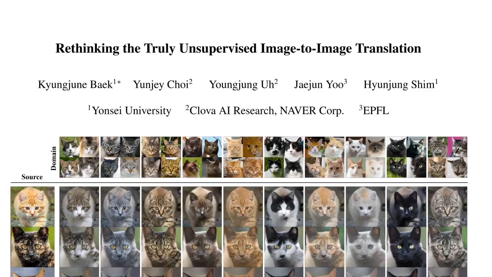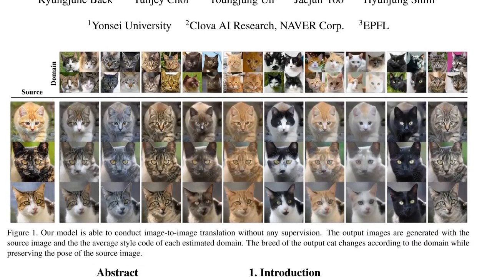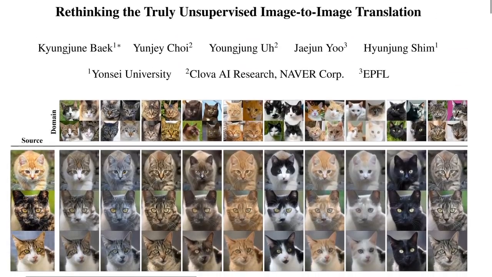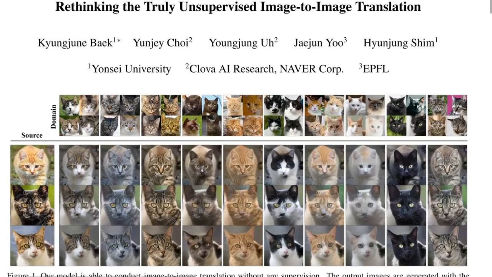Hi there. Today we'll look at Rethinking the Truly Unsupervised Image-to-Image Translation by Kyung-June Baek, Yoon-Jae Choi, Young-Jung Oh, Ja-Jun Yu, and Hyun-Jung Shim. So in this paper, we'll deal with image-to-image translation in an unsupervised fashion.